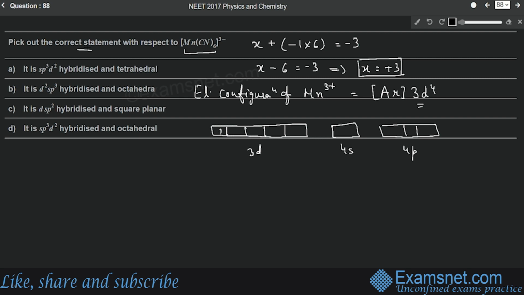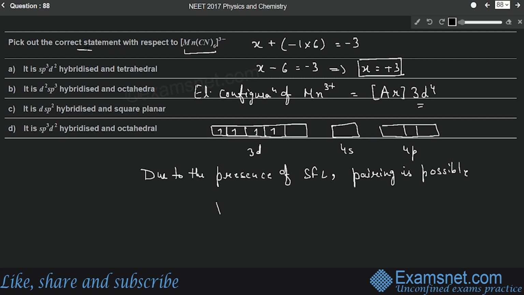That means 4 electrons in 3d orbitals, 1, 2, 3, 4. 4s and 4p orbitals are completely empty. Now the ligand here is cyanide. That means strong field ligand is present. So due to the presence of strong field ligand, pairing is possible.